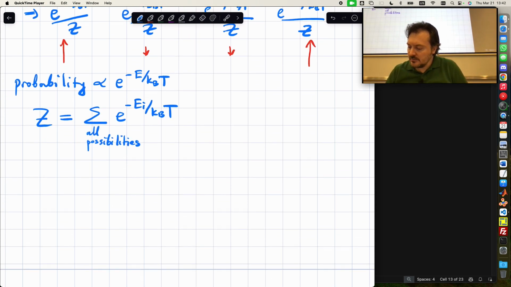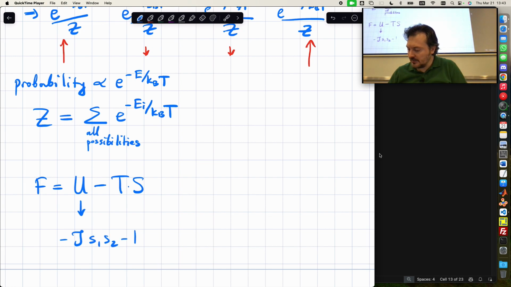So this J, let's say J, it's all about free energy equals U minus TS. So this is the minus J S1 S2 stuff, minus B times S. Let me put some sums here: Si, Sj, I is not equal to J, etc. But this part is coming from entropy.